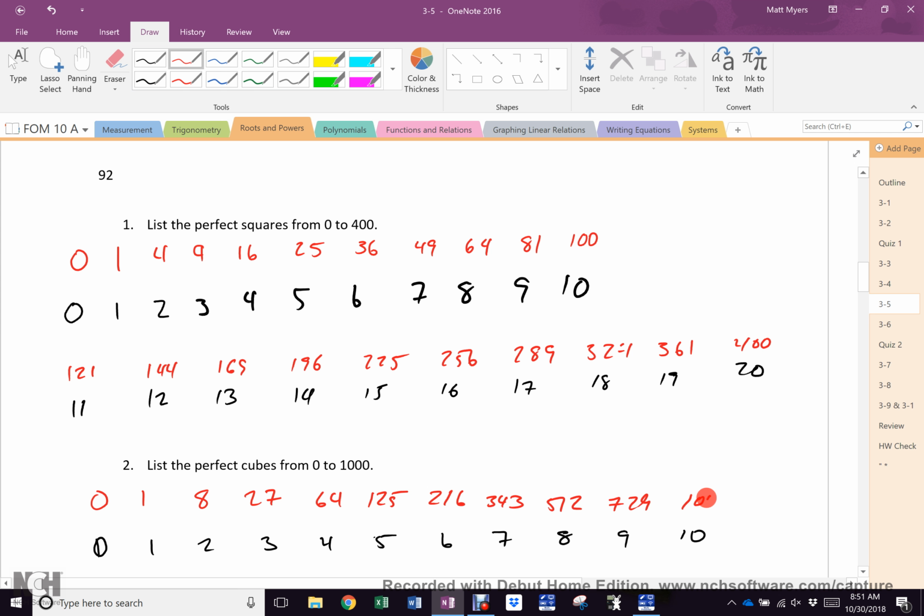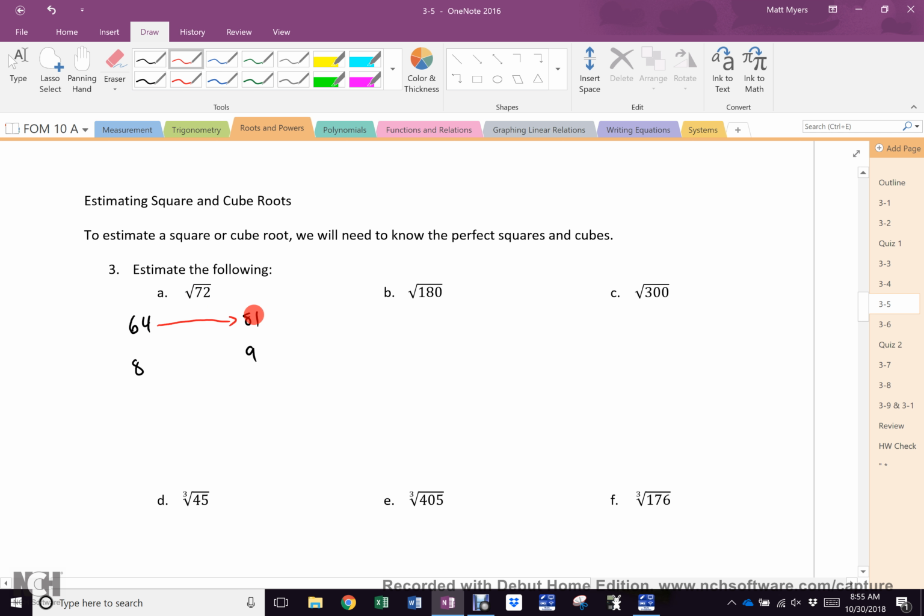It makes sense that if 72 is between 64 and 81, then the square root must be between 8 and 9, yeah? Okay, how far is that from 64 to 81? It's 17, isn't it?